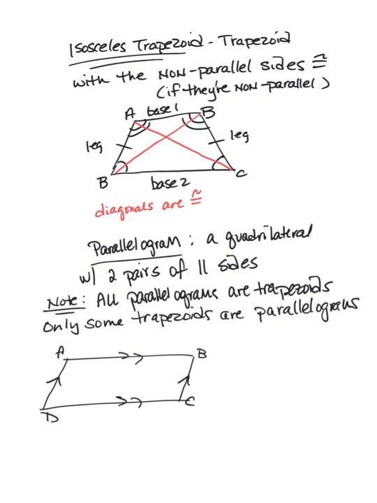Now, because of the shape, because of these two pairs of parallel sides, we have other properties that exist. All right, so let's look at the properties of a parallelogram. You're going to have to memorize these, okay?